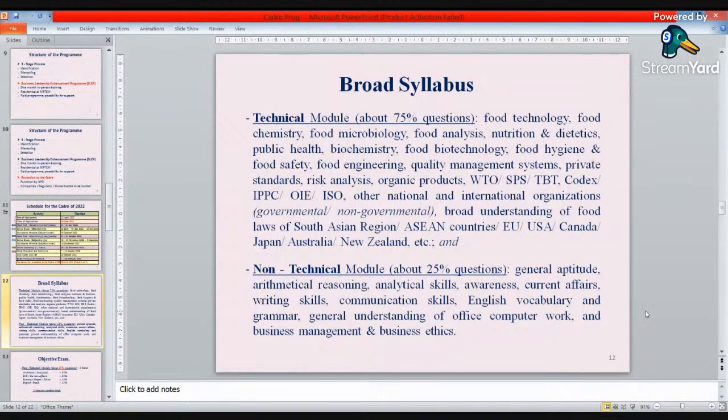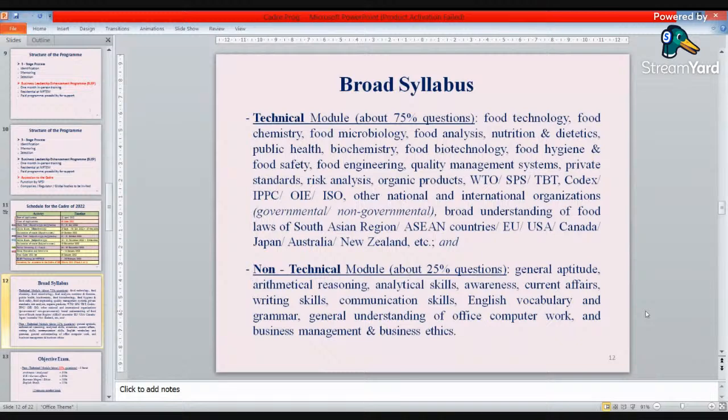You need to have a broad understanding of the food laws of countries in our region, South Asia. We're not expecting you to know the para number of the Bangladesh Food Safety Act. No. But we might expect you to know the name of the food regulator in Bangladesh, name of the food regulator in Sri Lanka, name of the food regulator in India.